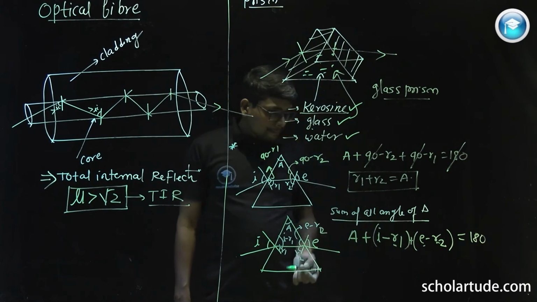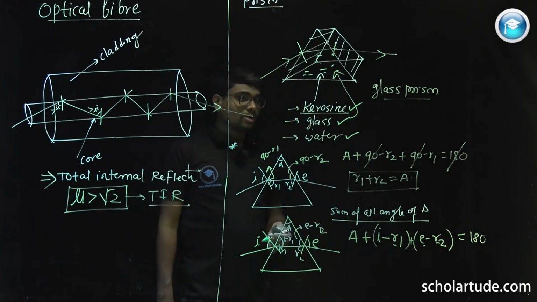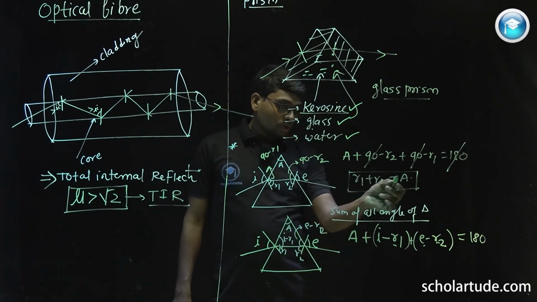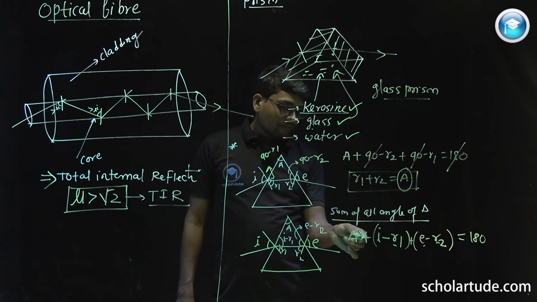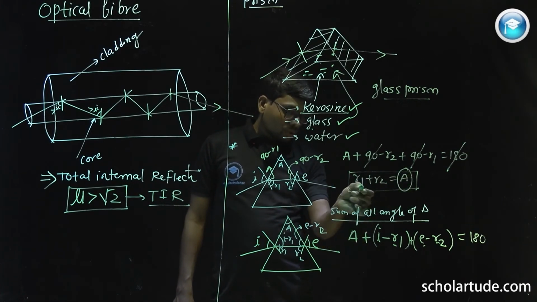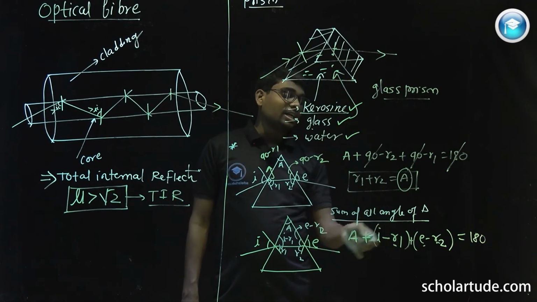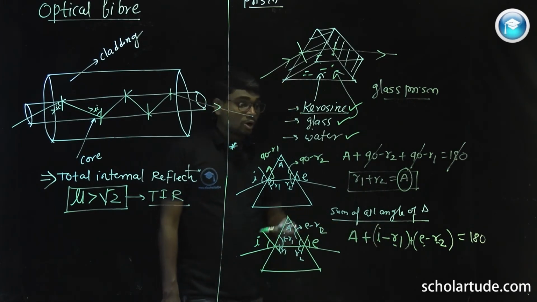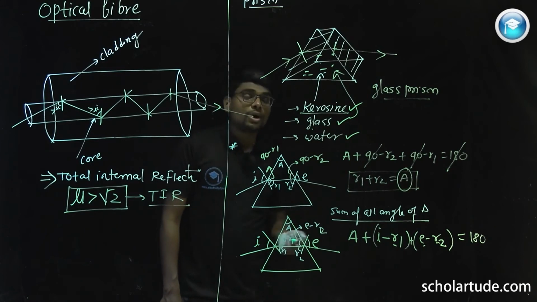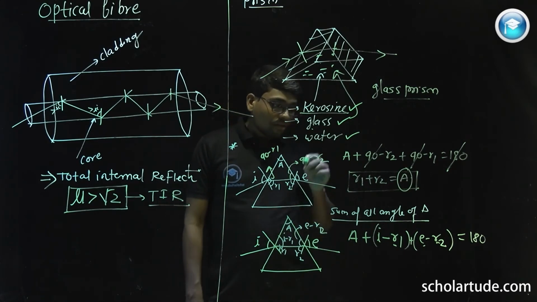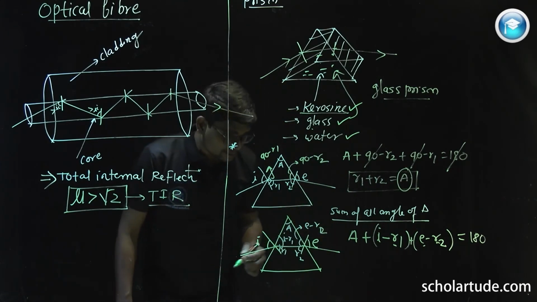If you put the value of A over here, then R1 plus R2 cancels out. To show the importance of this formula, we do some adjustment like this.